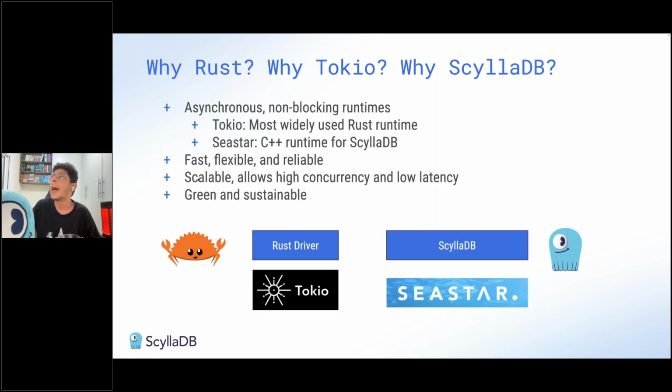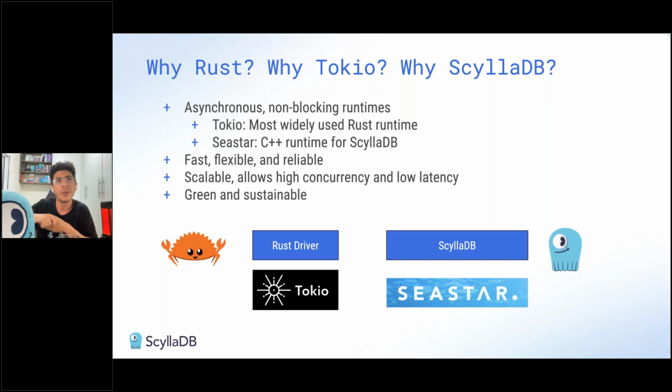So at this point, I really want to take a step back and provide you some context over the initial question I posed. Why Rust? After all, it is definitely a programming language that has gained lots of popularity and attention recently.